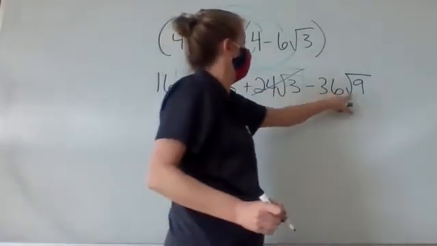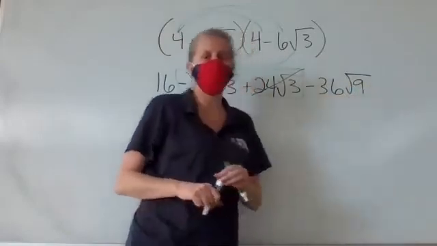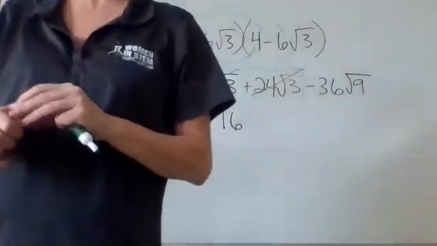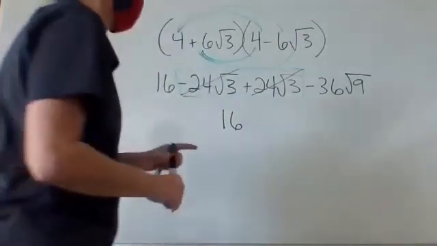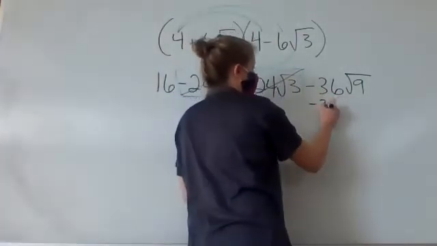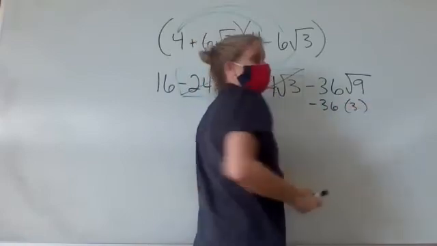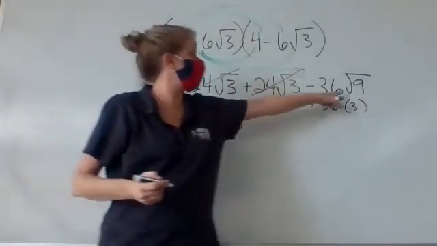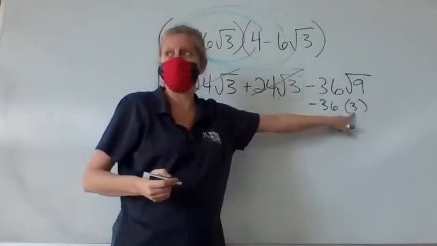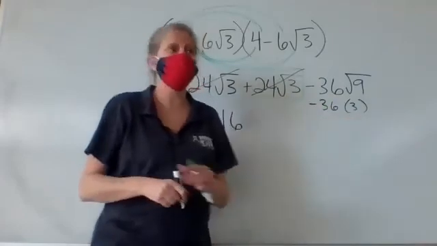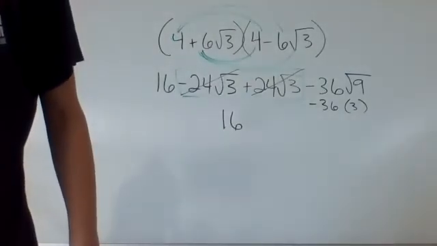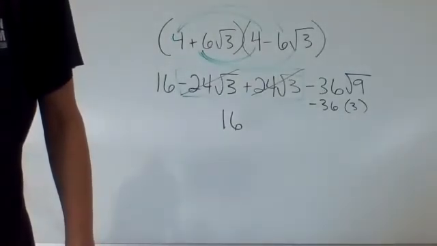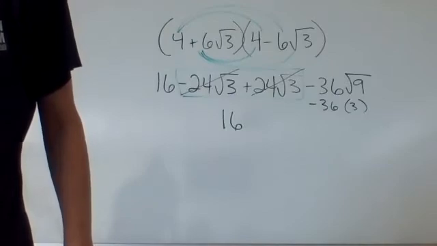But I can do some work here because what is this? How much is the square root of 9? It's 3. So this really says negative 36 times 3, right? Square root of 9 is 3. So what is negative 36 times 3?